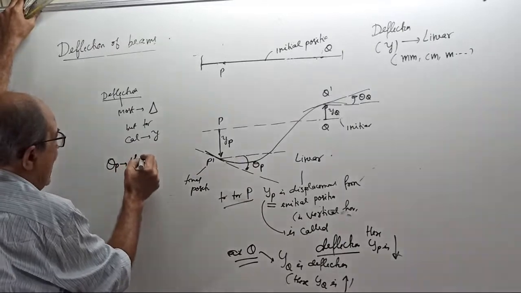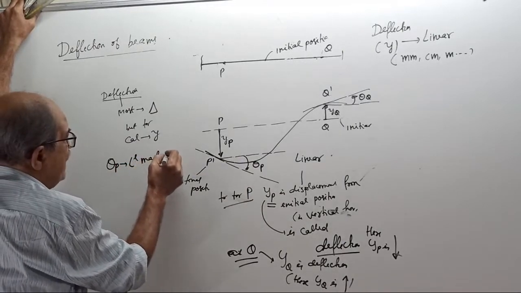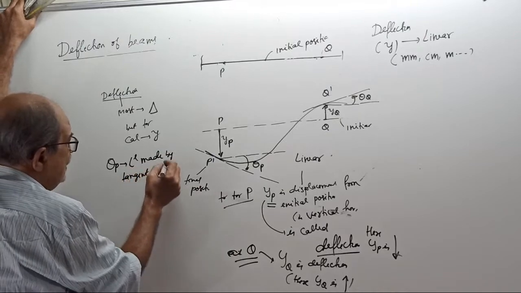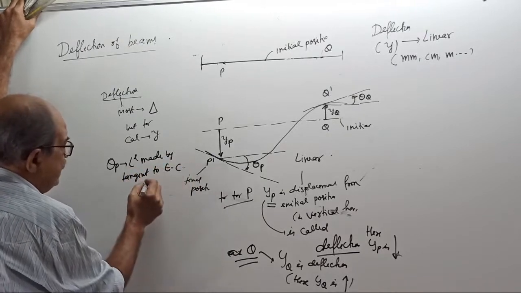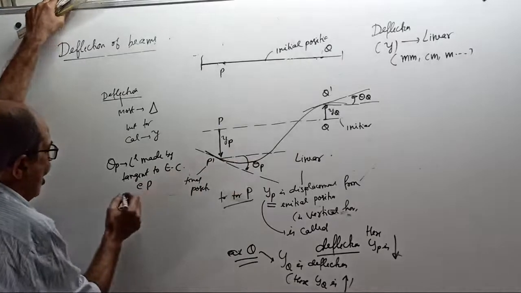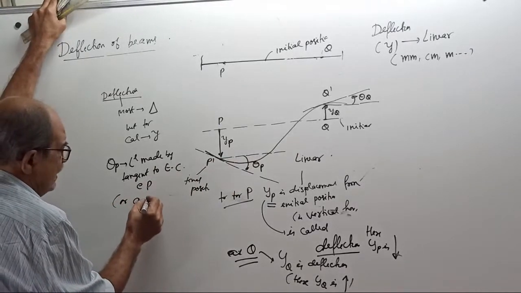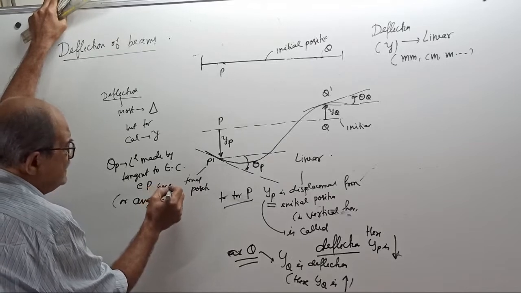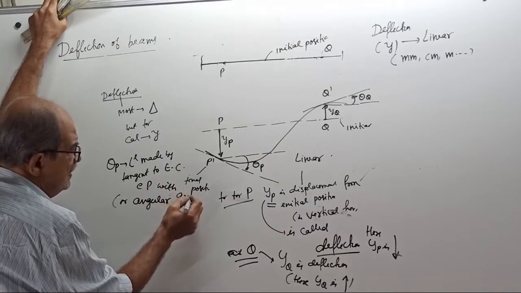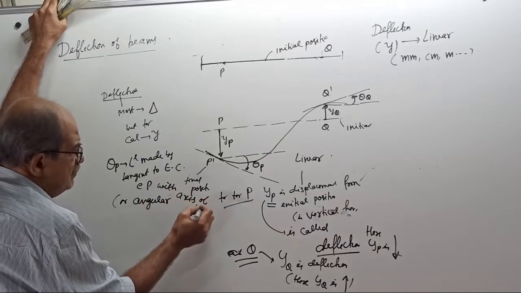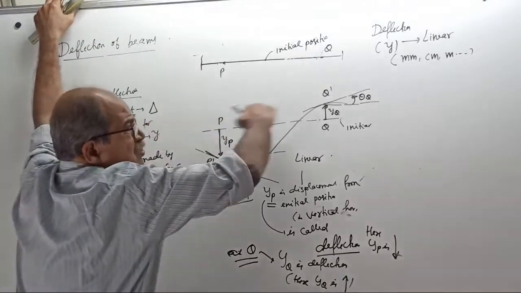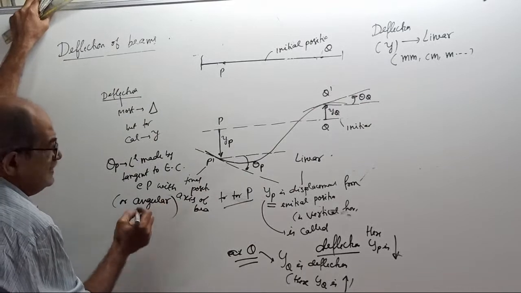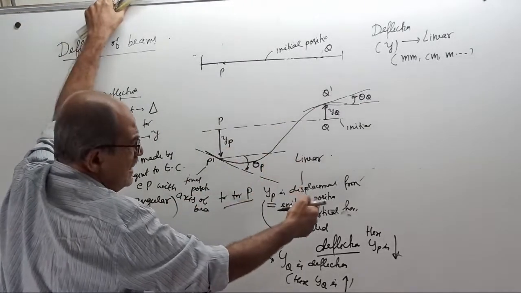Theta p is the angle made by the tangent to the elastic curve at p with the axis of the beam. See, the axis of the beam is horizontal here. It is called angular displacement. See, that is called linear displacement.